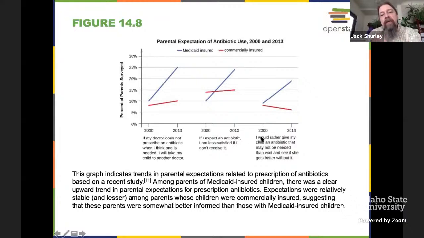Here, the last one, I'd rather give my child an antibiotic that may not be needed than wait to see if she gets better without it. And the commercially insured has declined, which is good. So less people think that that's what should happen. And truly, you should not be prescribing antibiotics if they don't need it.